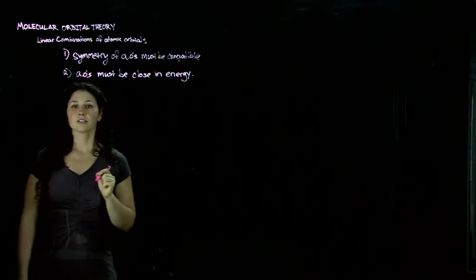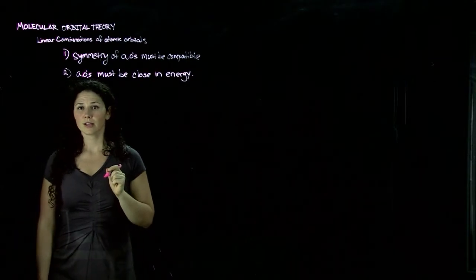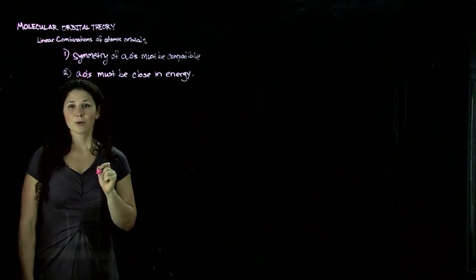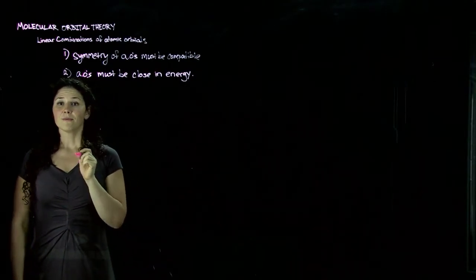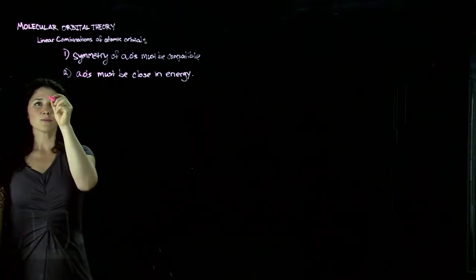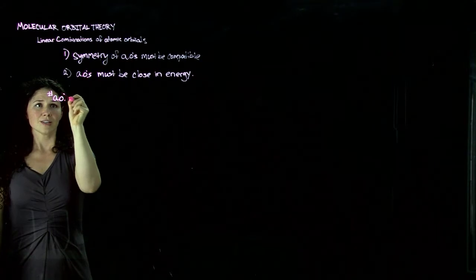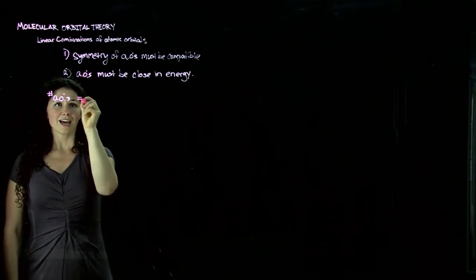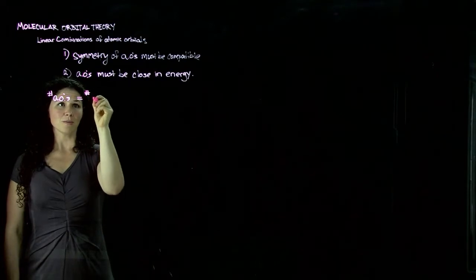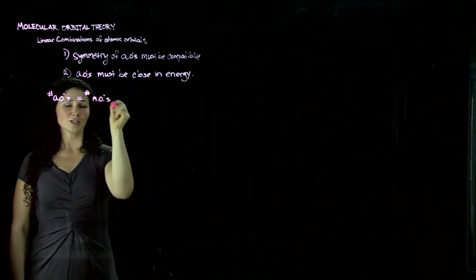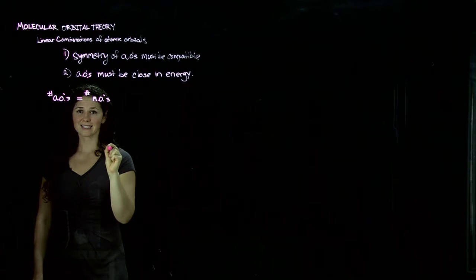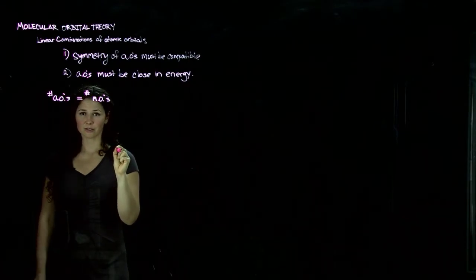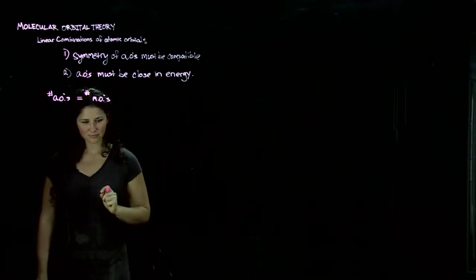Another rule that is useful to keep in mind when you're making molecular orbitals is the bookkeeping rule, and that is that the total number of atomic orbitals that you use to combine to make molecular orbitals gives you the number of molecular orbitals. So the atomic orbitals that you combine has to equal the number of molecular orbitals that you get out in the end.